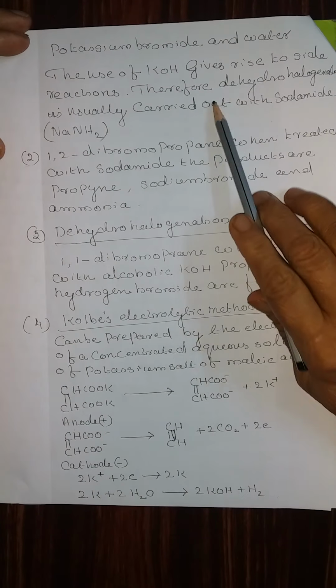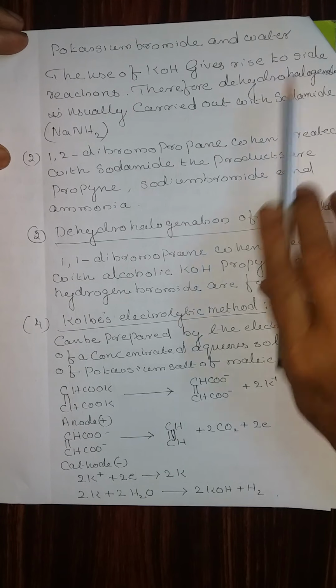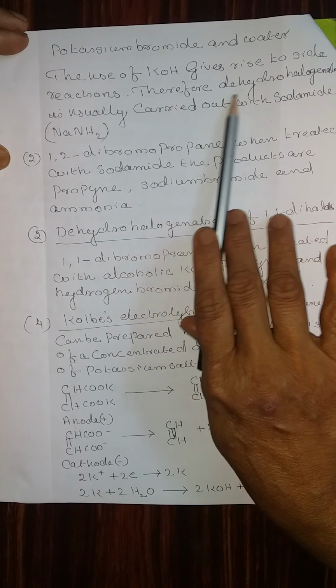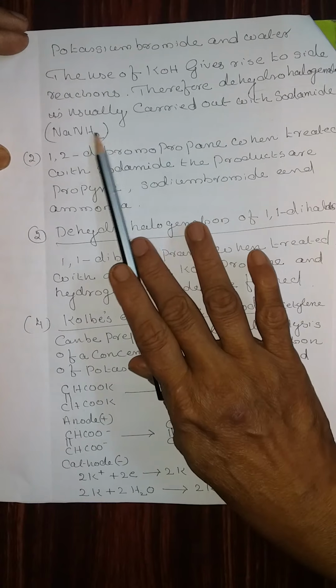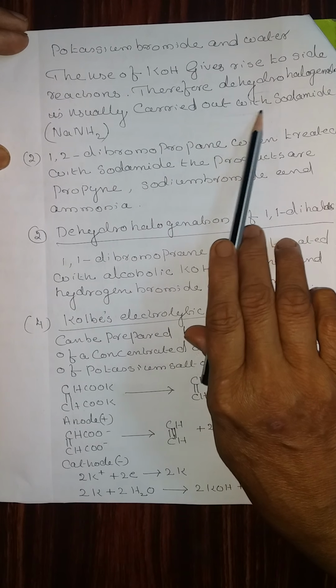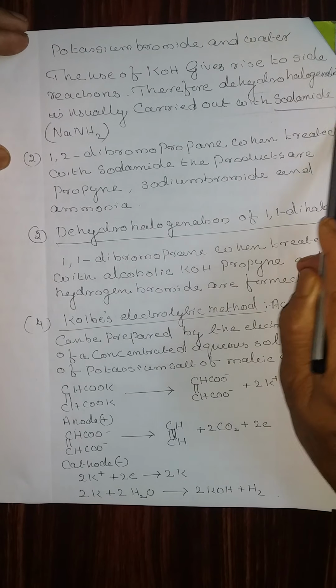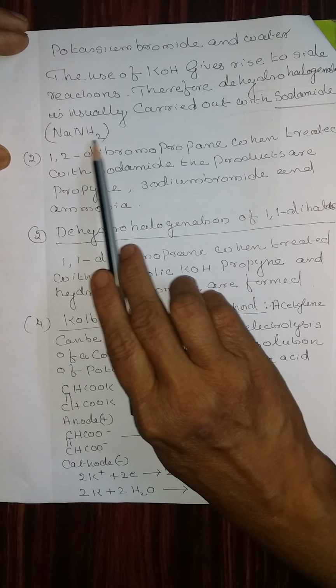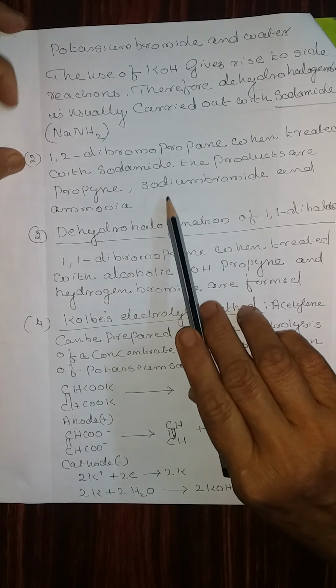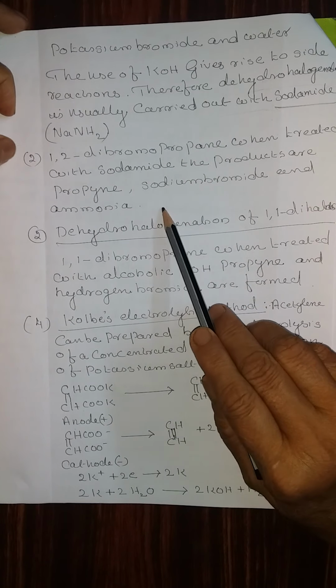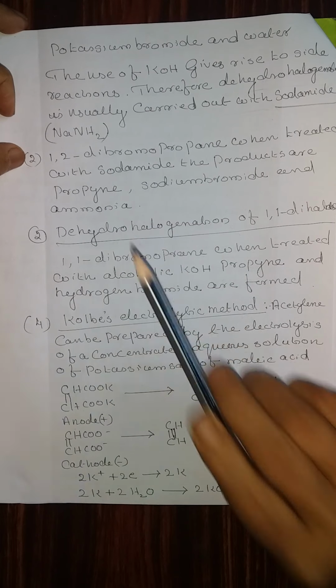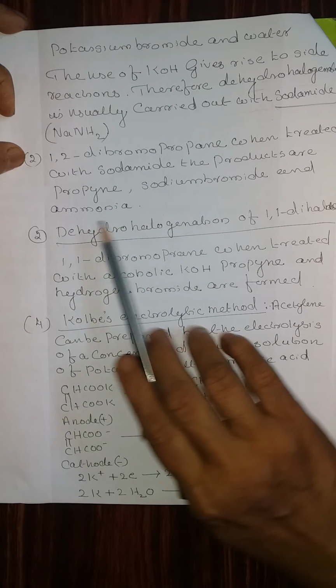The use of KOH gives rise to side reactions. Therefore, dehydrohalogenation is usually carried out with sodamide, formula NaNH2. Therefore, you have to write another equation with sodamide instead of alcoholic KOH.